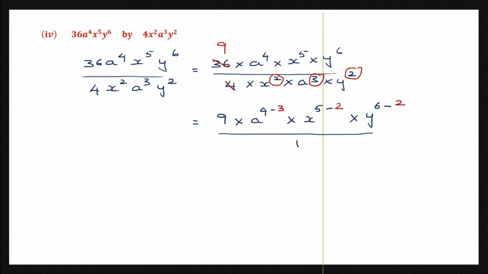So here what do we have now? 9 into a to the power of 4 minus 3 is 1 into x to the power of 5 minus 2 is 3 into y to the power of 6 minus 2 is 4. So what is our final answer? 9ax cubed y to the power of 4.